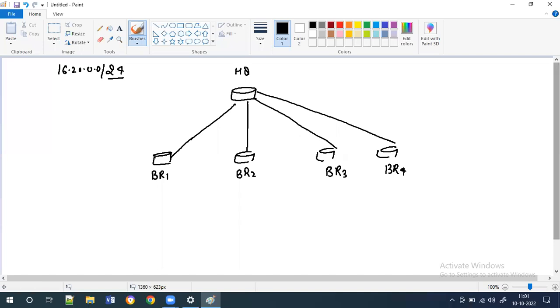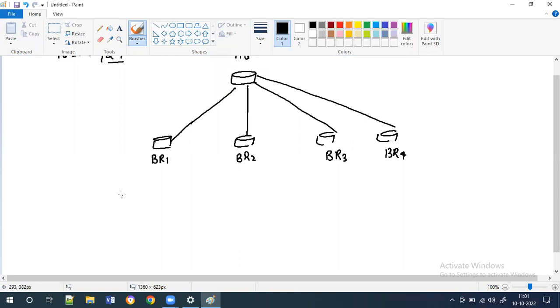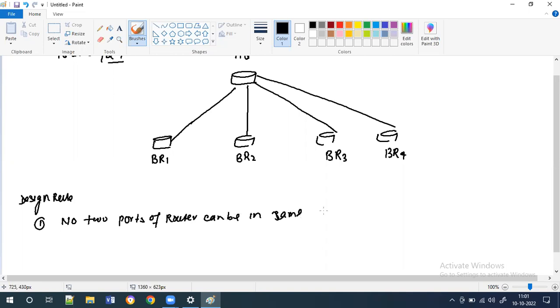So as per the design rules, the first design rule is: no two ports of a router can be in the same subnet.